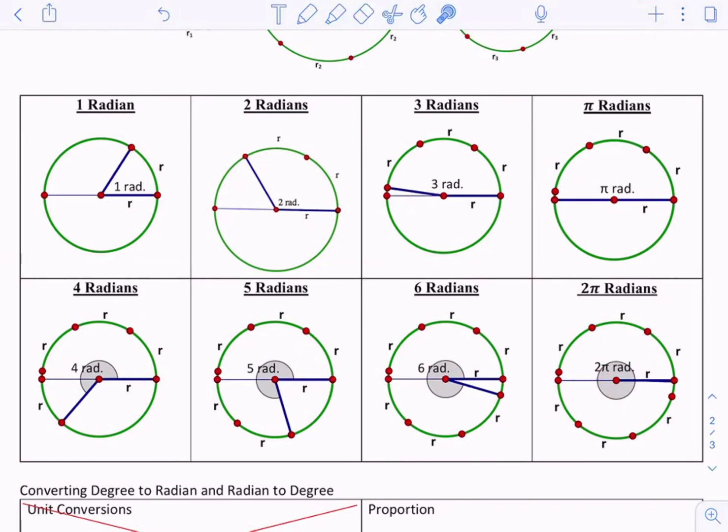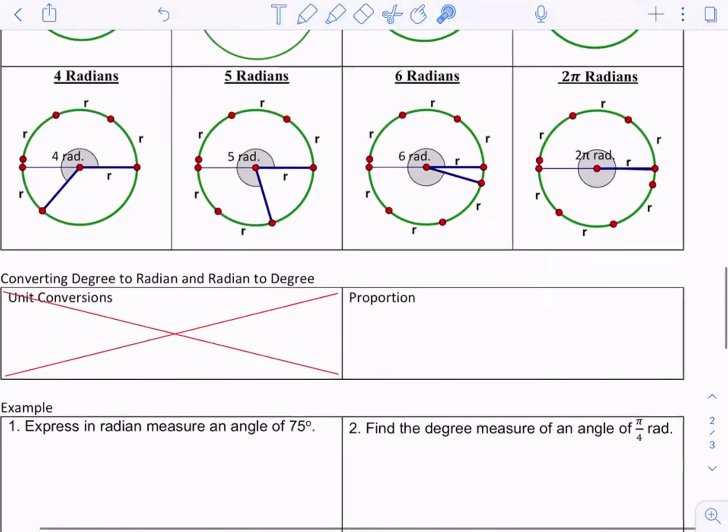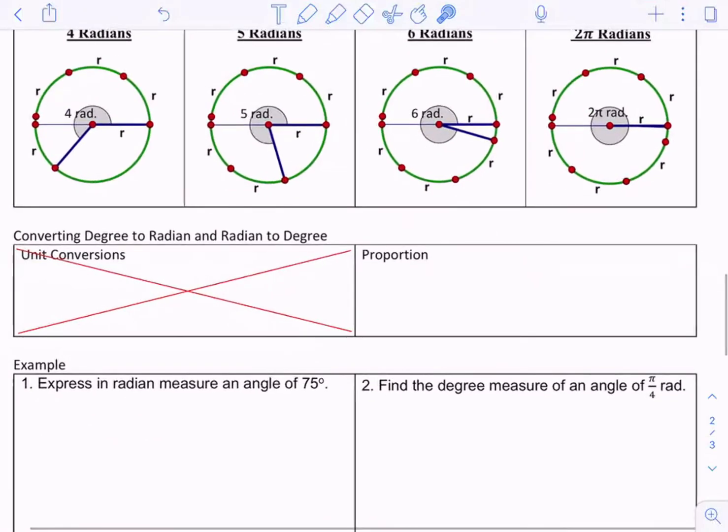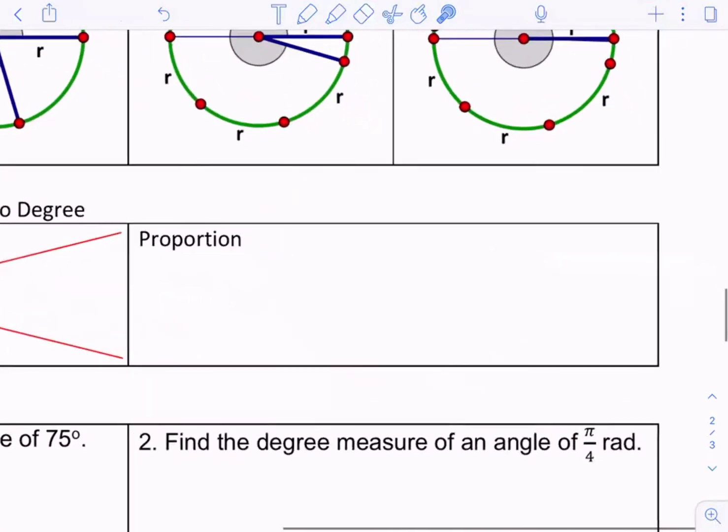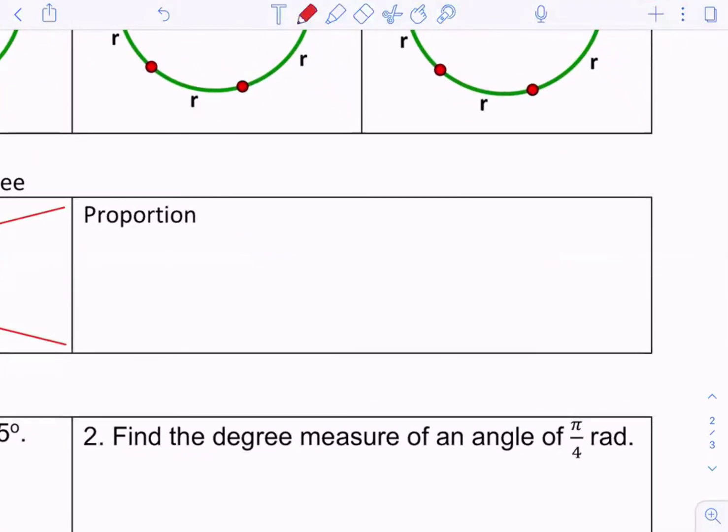So if I want to convert from degree to radian or radian to degree, some of you know how to set up your unit conversions using fractions equal to 1, but I'm going to focus on a proportion here. We just wrote up there that 180 degrees equals pi radians. So that's what we're going to use to convert, just like I would convert 12 inches in 1 foot.